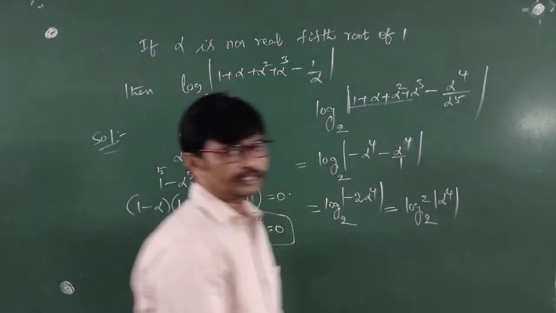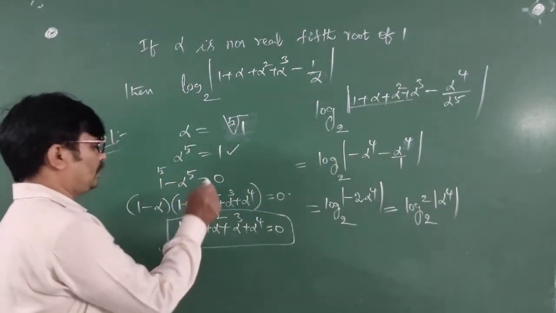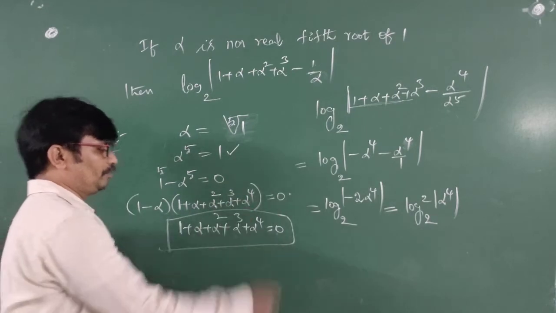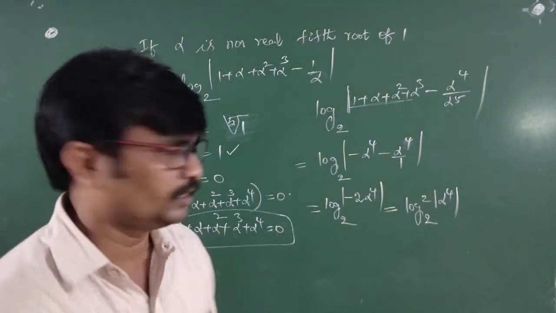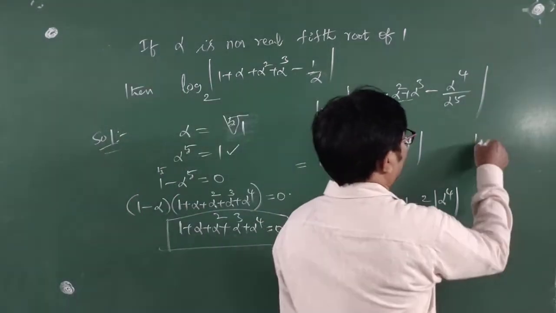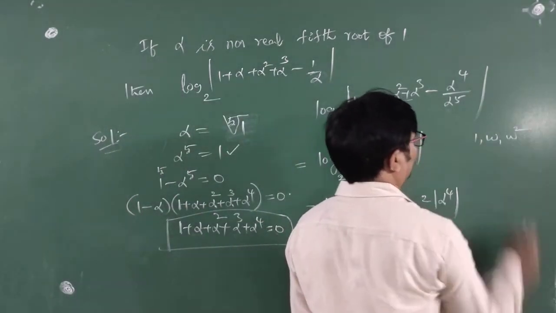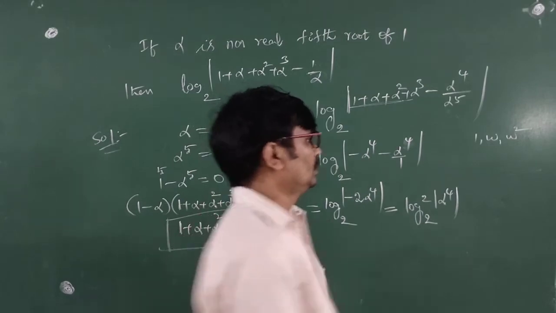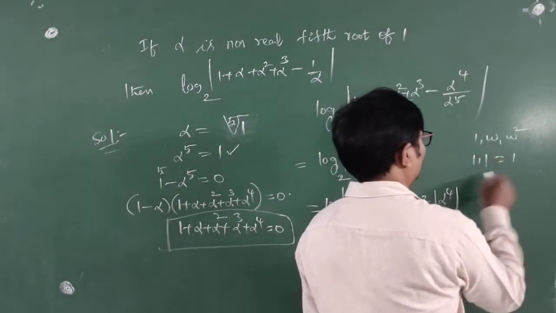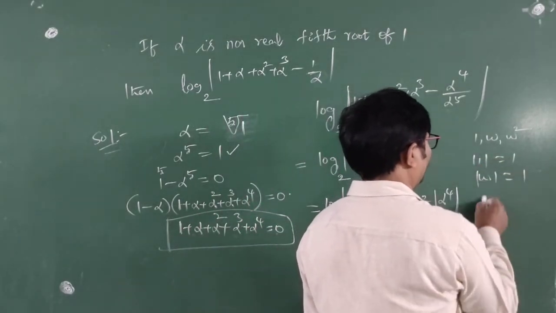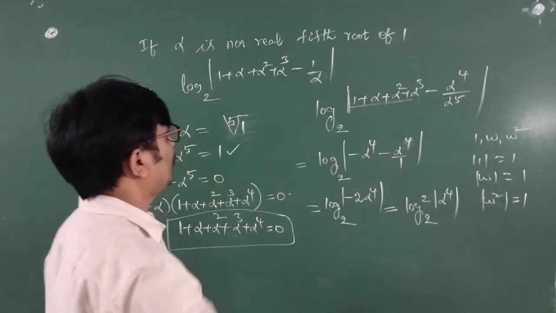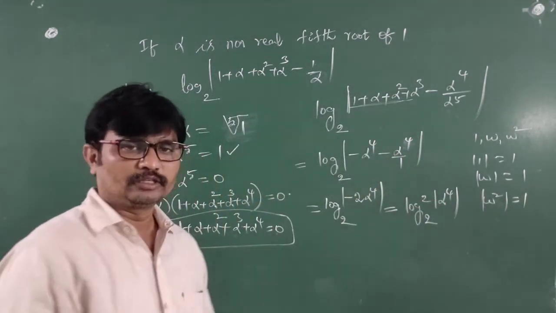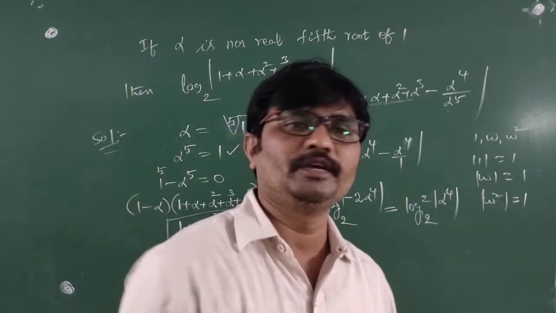So dear students, when we take alpha square, alpha cube, alpha power 4, the mod is undoubtedly 1. Suppose students, we have to know that 1, omega, omega square are the cube roots of unity. The mod of 1 is 1, mod of omega is also 1, mod of omega square is also 1. So these are all roots of unity, which means the modulus must be equal to 1.